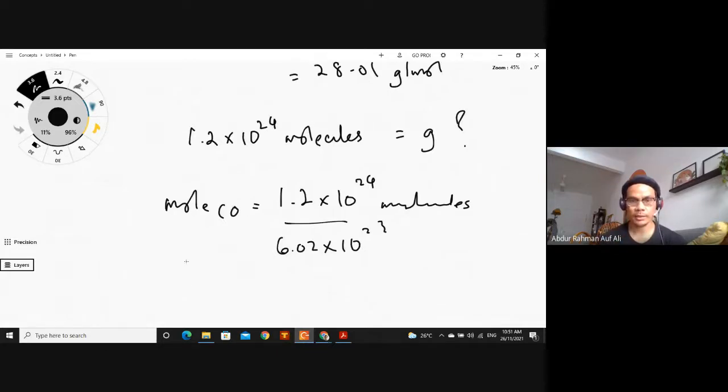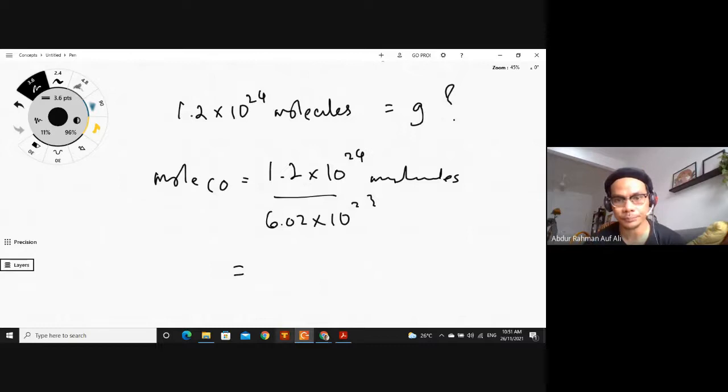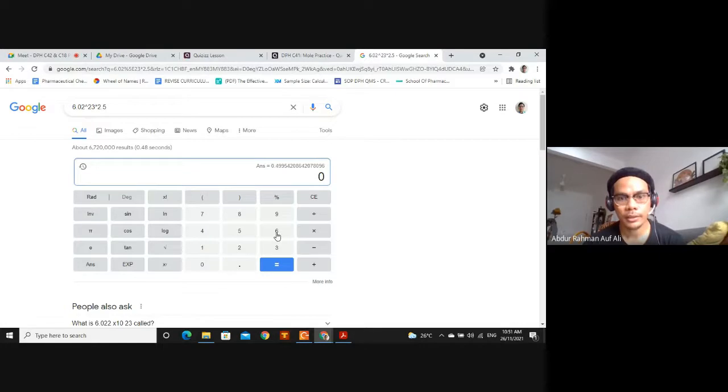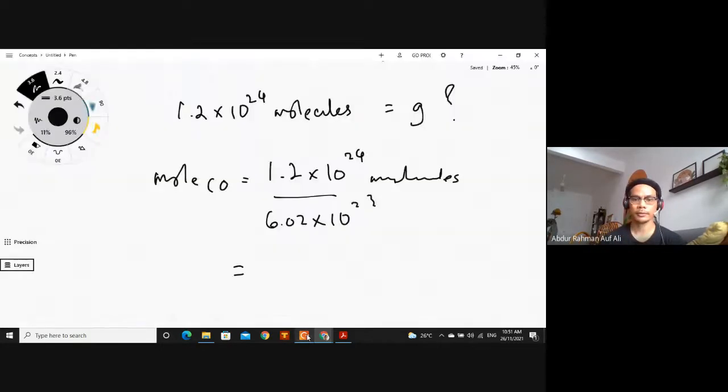So if we key this value dalam calculator, 1.2 10 kuasa 24 divide by Avogadro number 6.02 10 kuasa 23. So the amount of mole adalah 1.993. So this is bilangan mole, 1.993 mole. So dalam 1.2 darab 10 kuasa 24 molekul ni, bilangan molnya adalah 1.993.